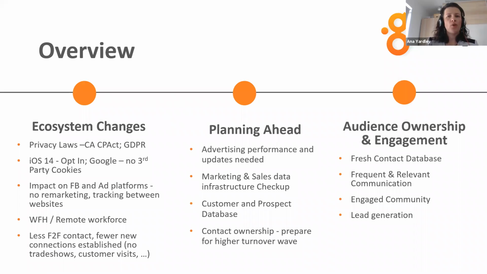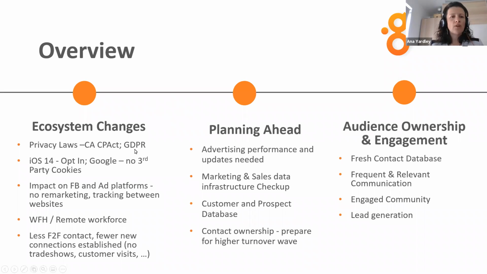So a bit of an overview of what is happening right now. What we call the ecosystem changes, they really have to do with things that have been going on in different places of the world, but they're affecting the US market. So privacy laws, all to do with users wanting to protect their information online.